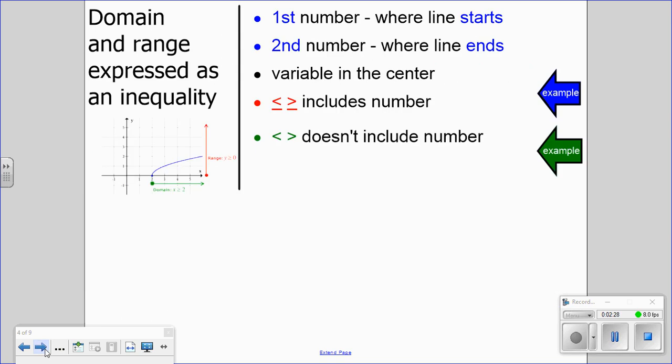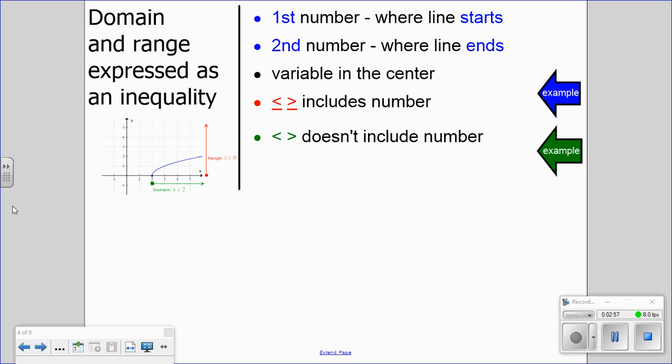So when we're listing domain and range as an inequality, a couple of things to keep in mind. The first number in our inequality is going to be where your graph starts. And then the second number is going to be where your graph ends. If your graph doesn't end, then how we would express that is we would just write it with one number.